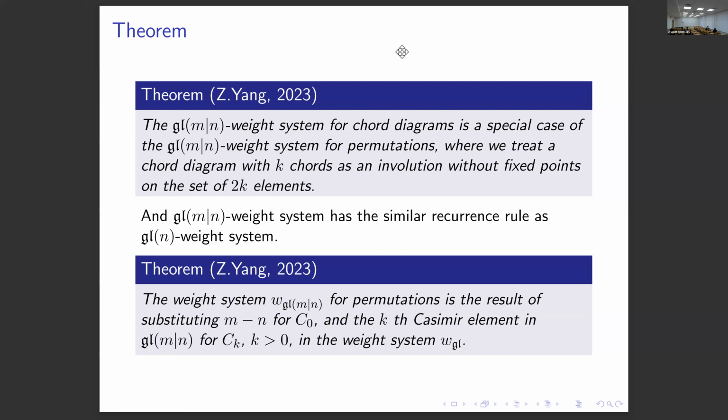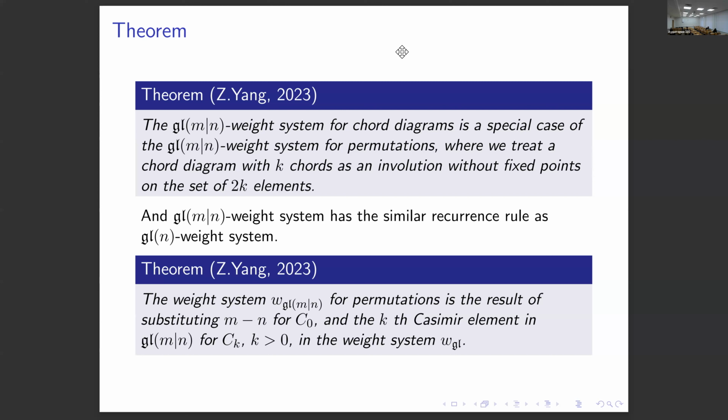Yes. But the original question was, after the case of gl(n) was studied, to extend this study to the gl(m|n) case, and to extend the universal gl invariant to the case of gl(m|n).